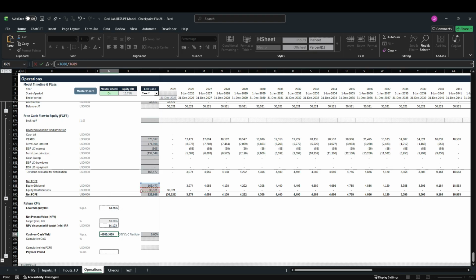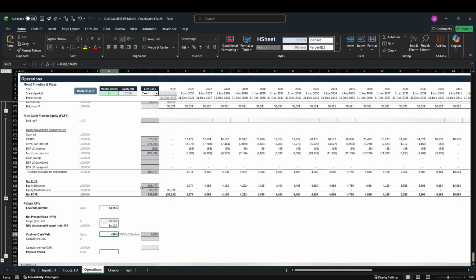So just pick up the two sum totals in column J, hit enter, and we get 448%, which pretty much means that for every dollar we invest, we get $4.48 back over a period of 30 years.